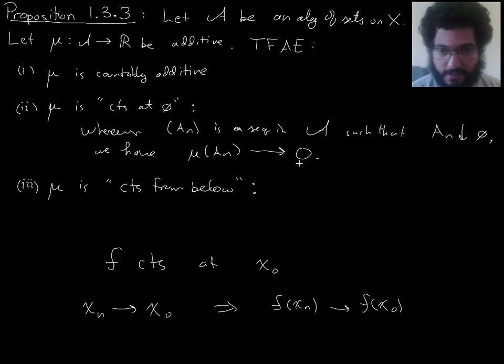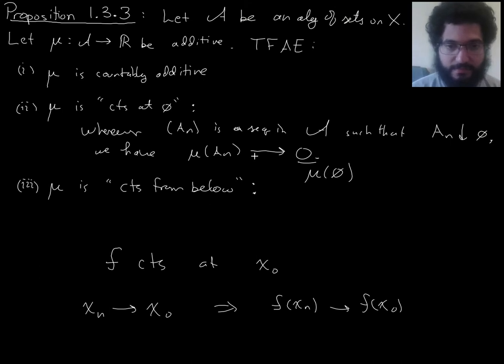And remember, 0 is the mu of the empty set, right? We're talking about an algebra of sets here, so the empty set is definitely in the collection fancy A. So there is such a thing as mu of the empty set. And as we discussed in the previous video, since mu is additive, mu of the empty set will be 0.